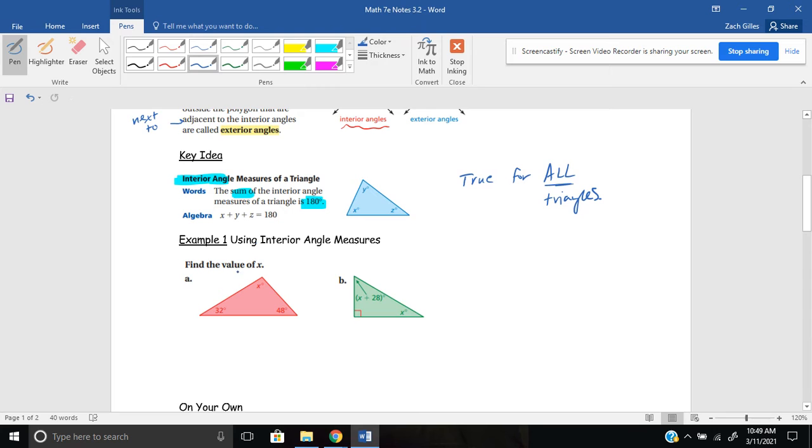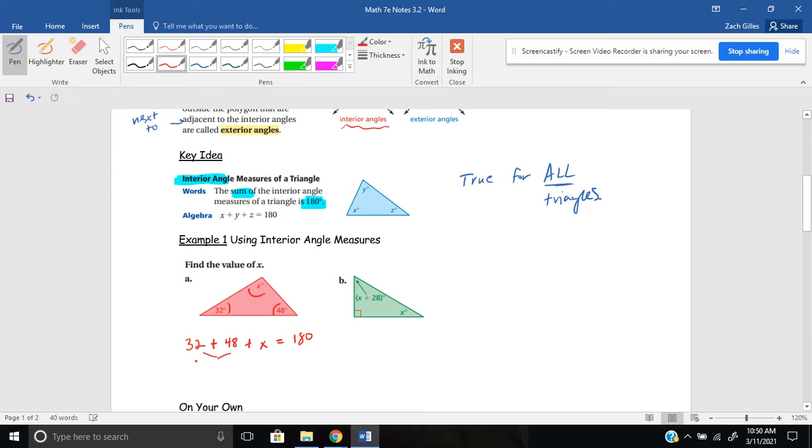Using the interior angle measures, find the value of X. So for letter A here, I know that this angle is 32 degrees, plus this other angle I know is 48, plus this last angle, X, should give me a total of 180 degrees. Okay, I will simplify.